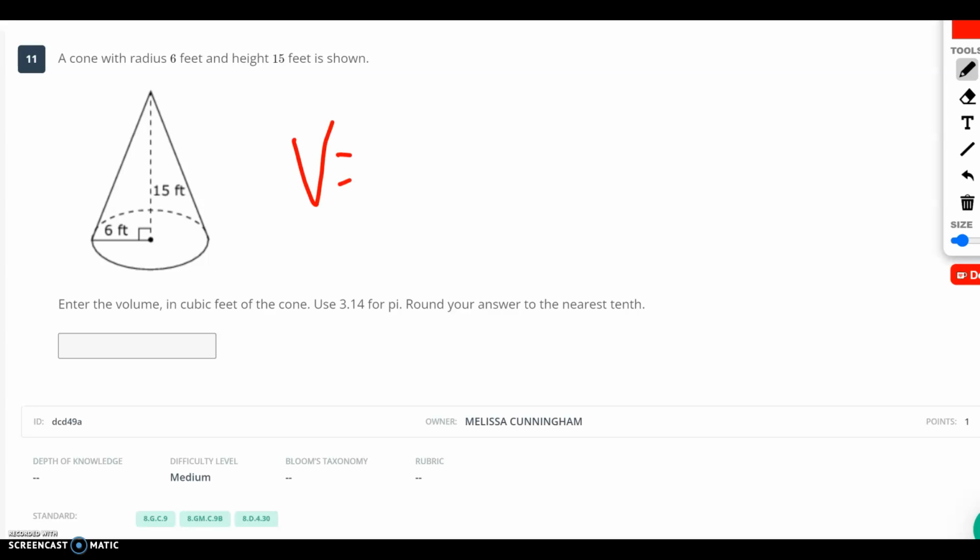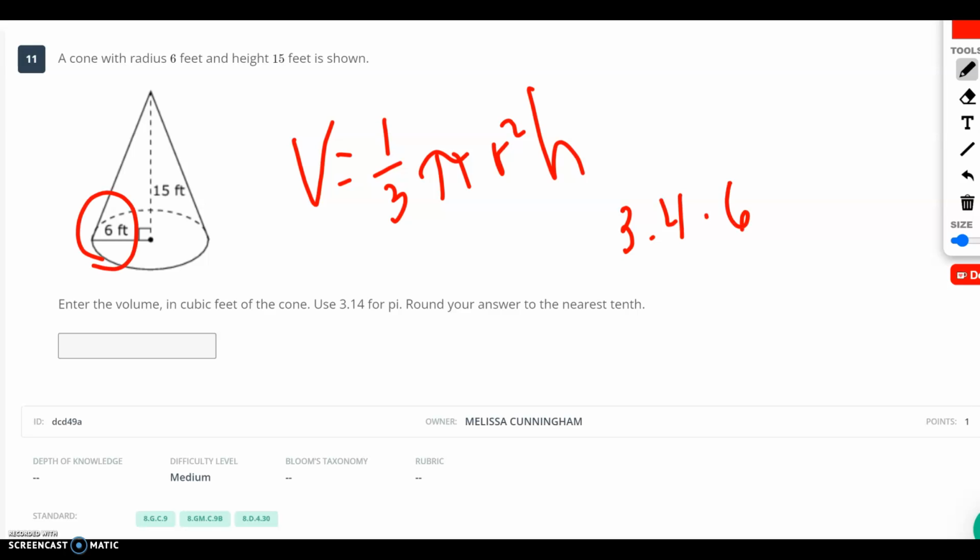All right, this one, we need to find the volume of a cone. So V, volume, equals 1/3 pi r squared times your height. We know these numbers. All we're going to do is plug them into our calculator. So I'm going to write this as a fraction. I'm going to put in pi, 3.14, times my radius, which is right here, 6 squared, times my height, which is right here, 15.